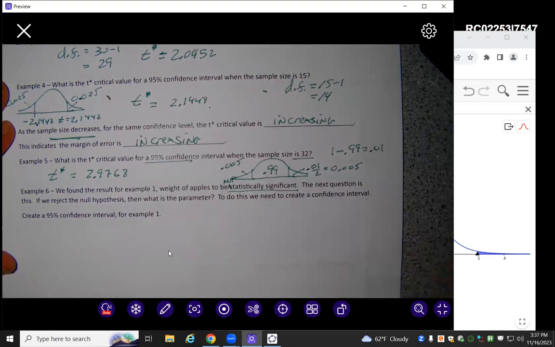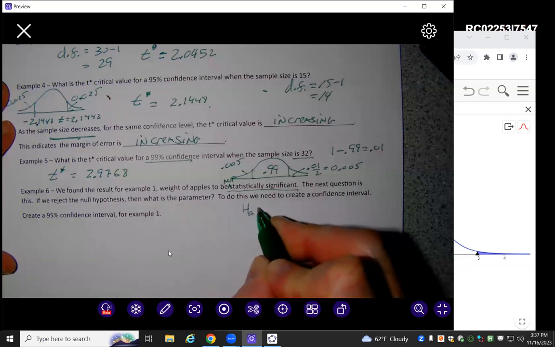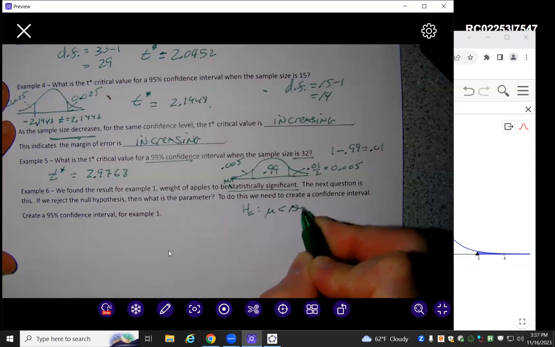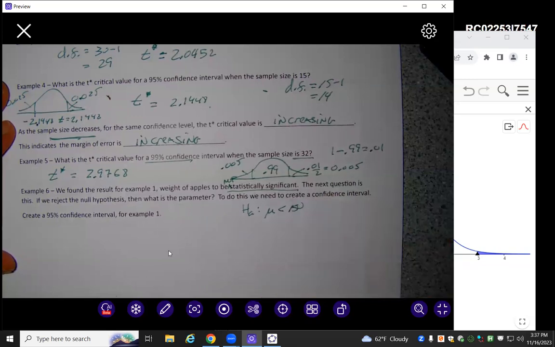Clearly, if we did it the other direction, the p-value would have been 0, right? So if we had conducted this test, HA mu is less than 150, we found lots of evidence to suggest that not only is the fertilizer not helping, it's actually doing the exact opposite.